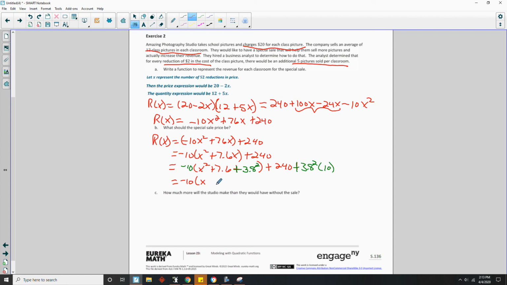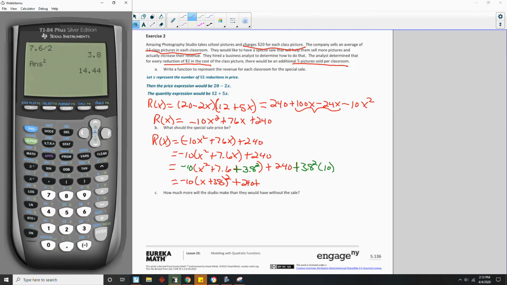All right, so then simplify this and we get negative 10 x plus 3.8 quantity squared plus 240 plus 3.8 squared is 14.44 times 10 would be 144.4.